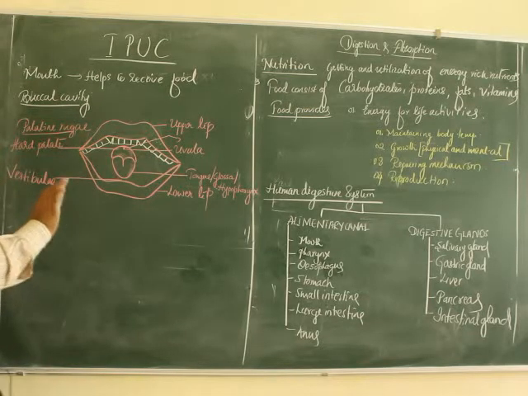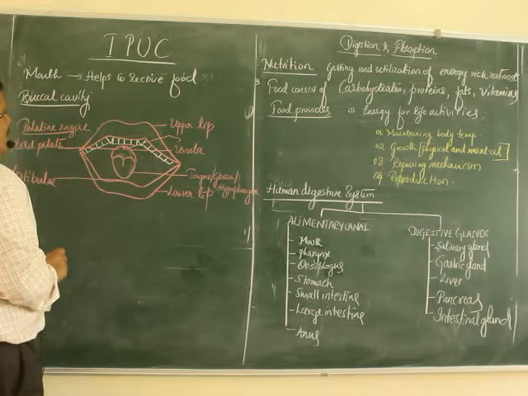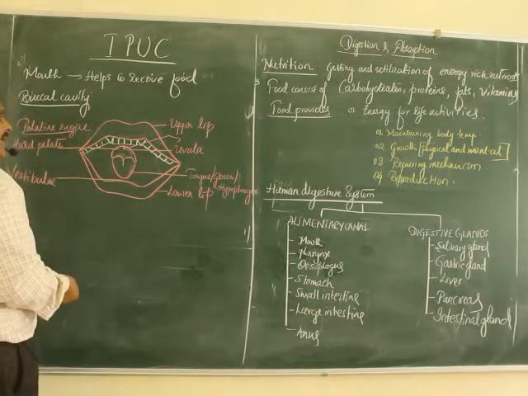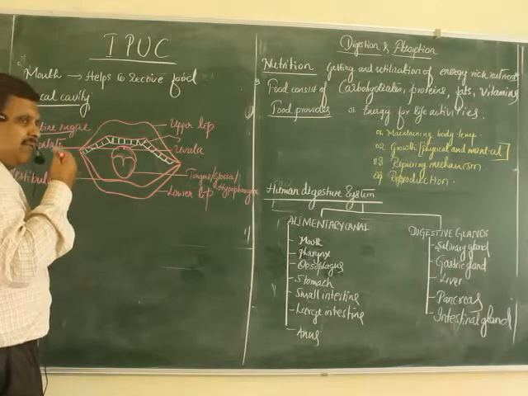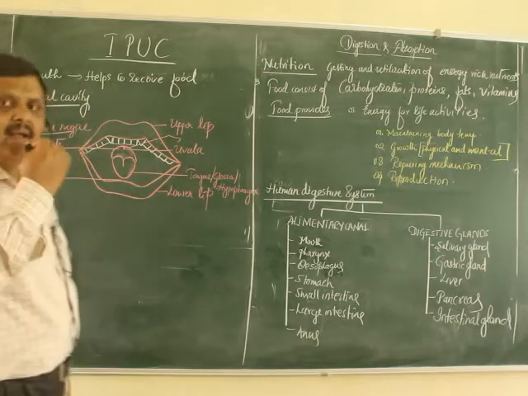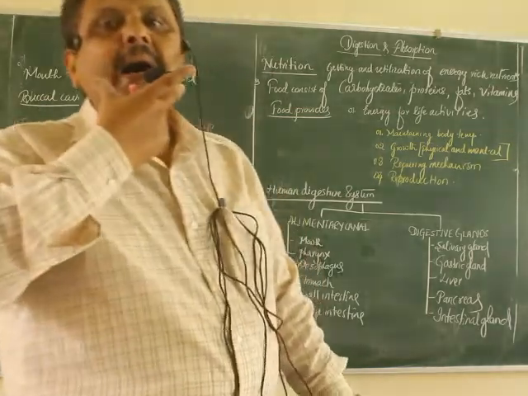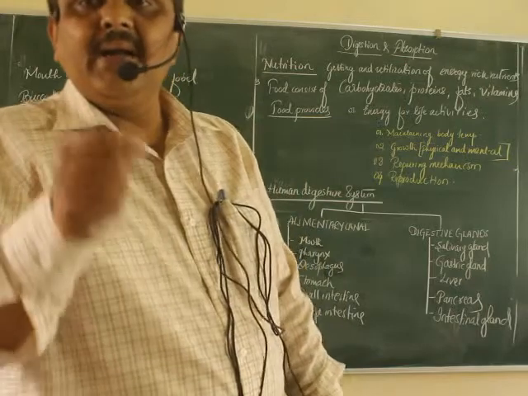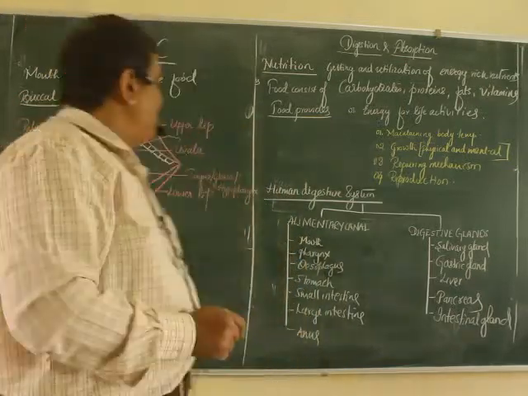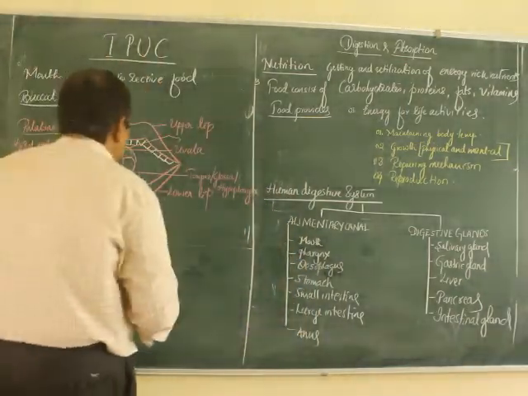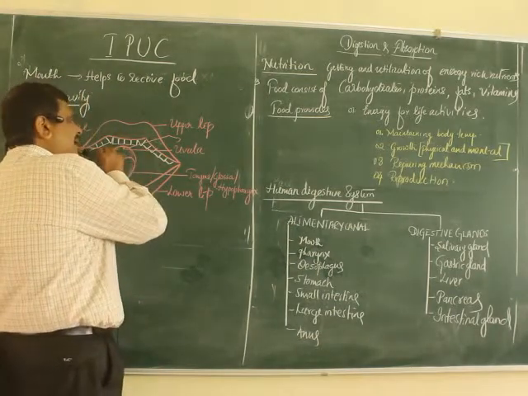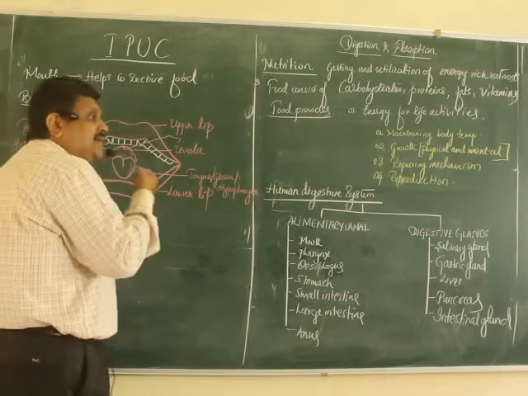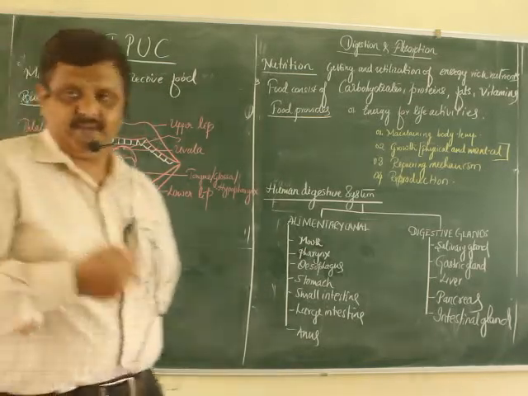So I'll write, don't worry, I'm explaining now. Remember, buccal cavity is called buccal cavity because it is covered anteriorly by the upper lip and lower lip, and the lateral cheeks are there. The upper and lower surfaces have systematically arranged teeth.